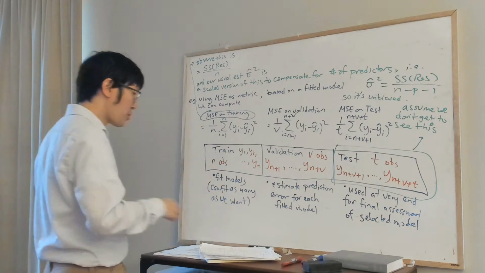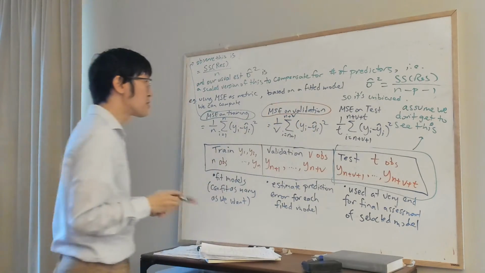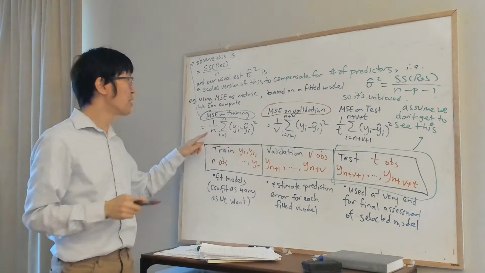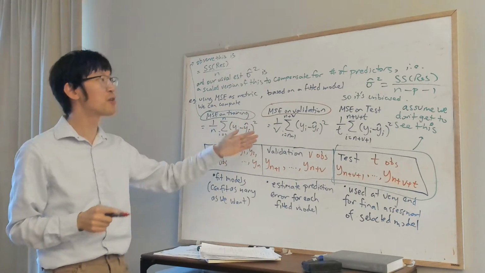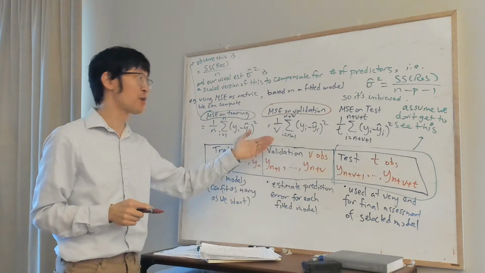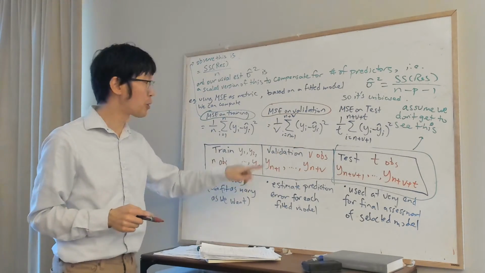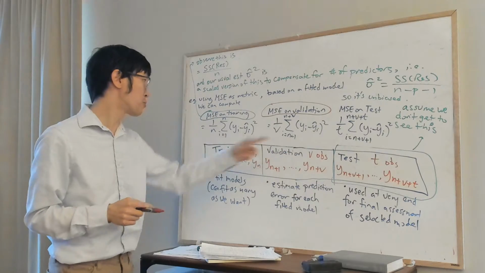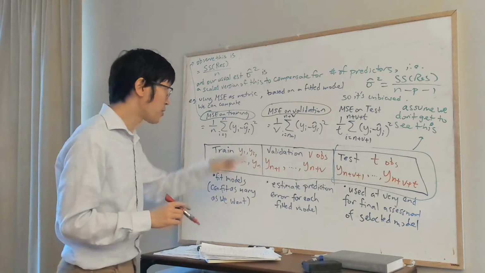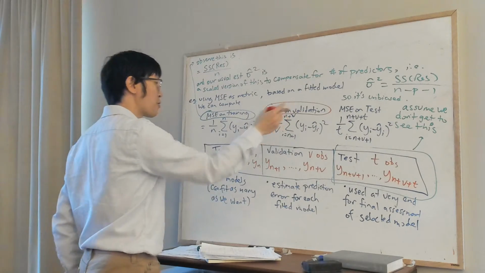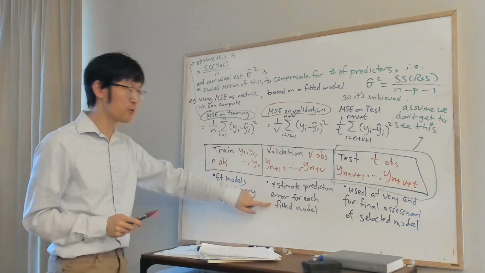Now, what can we say about the mean squared error on validation? This is indeed applying the model that we fitted to data that was not used to fit the model. So this is, in some sense, a real-world test. We're applying the model to predict for these v samples, which the model did not see during training, but for which we know the values. That's why the mean squared error on validation gives us an estimate of what the prediction error might be in real-world applications.